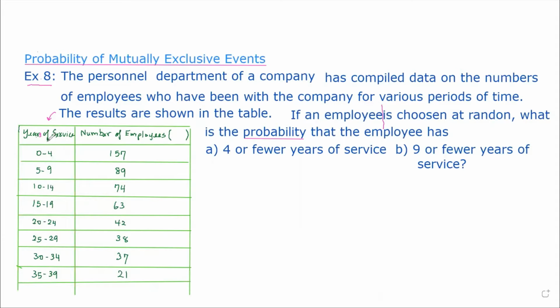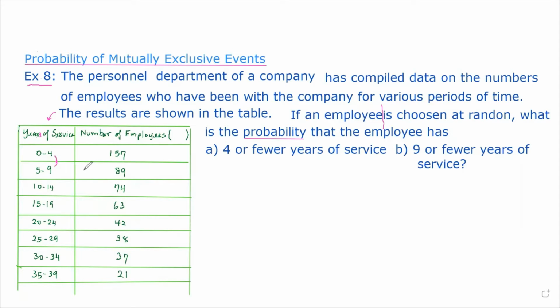For years of service, you can see the intervals are 0 to 4, 5 to 9, 10 to 14, and so on. So we can see the interval is equal to 5, correct? You can get it from 5 minus 0, the class interval, or you can get 9 minus 4, either one.